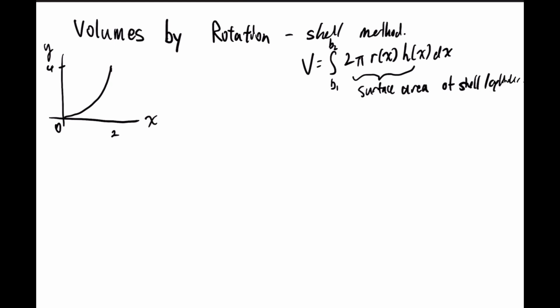So let's see how we can use this in practice. Now, in the last video, we figured out how to find the area generated by this shape rotated about the y-axis.